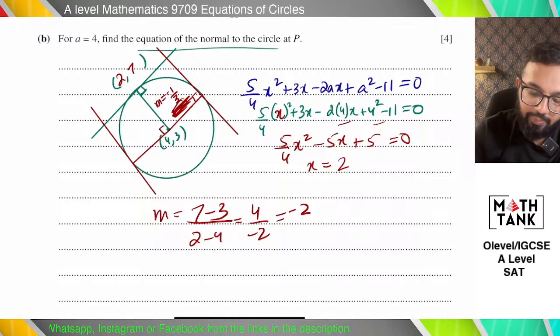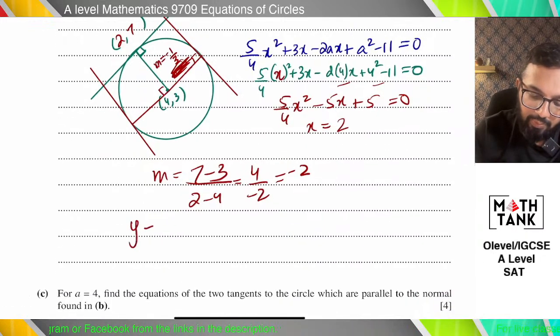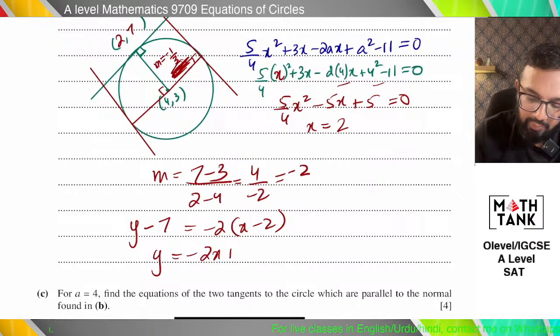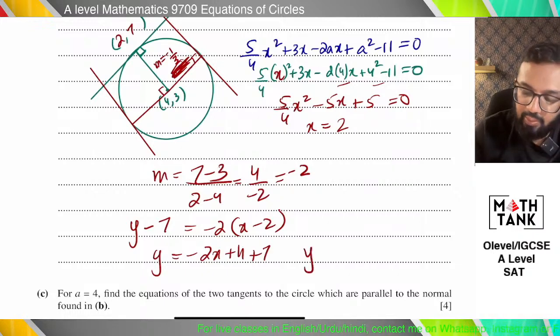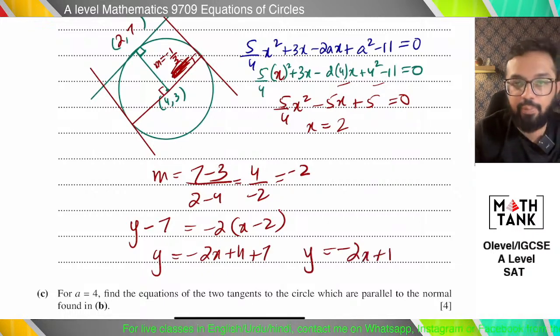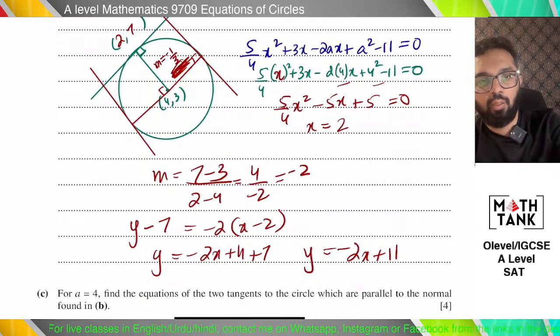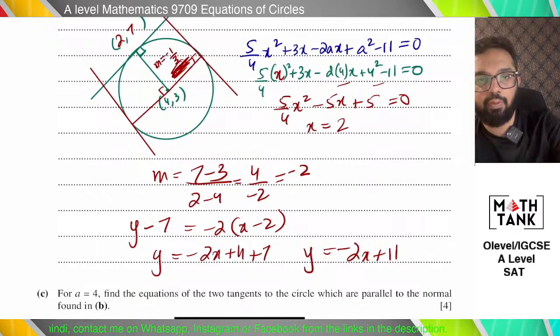It's minus 2. The equation of the normal would be y minus y1, m x, minus 2x plus 11. Okay, yeah, minus 2x plus 11.